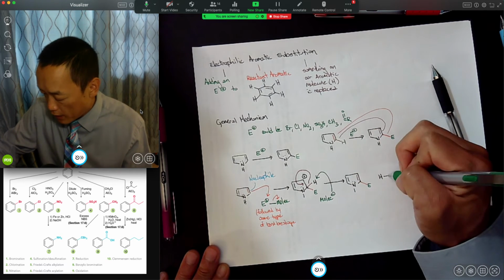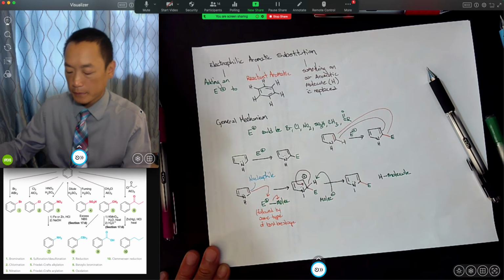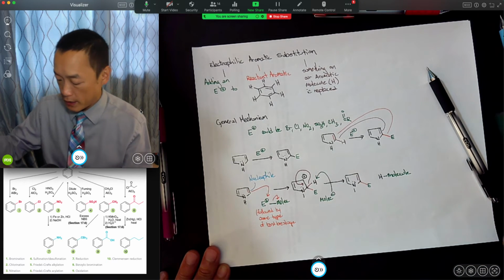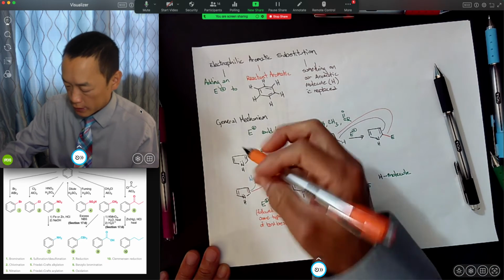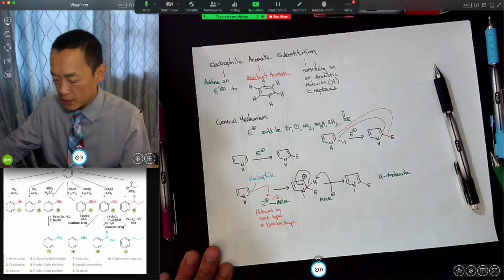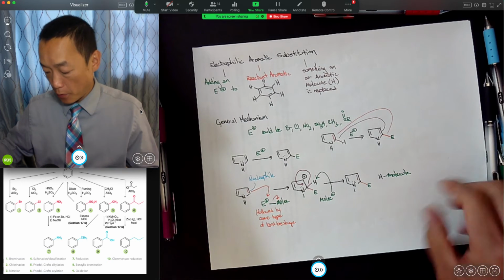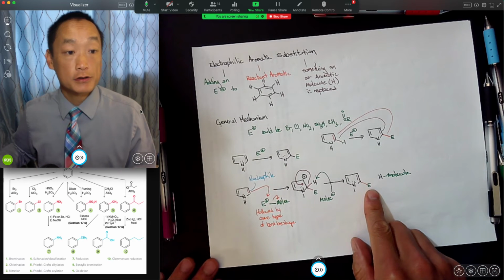And now we have an H molecule instead. And so we have a nucleophilic attack step, and then a loss of leaving group step to generate an aromatic molecule, and then we have substituted the electrophile.